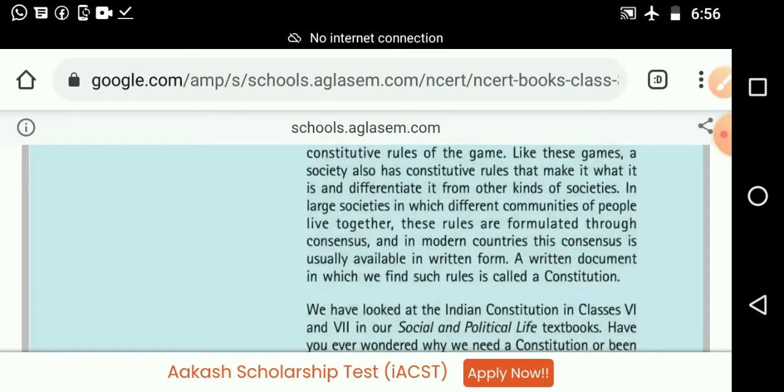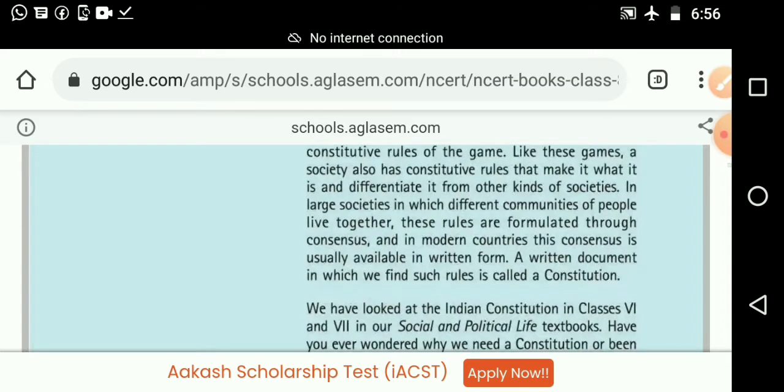From that itself we can understand that these rules relate to kabaddi, these to football, and these to cricket. In cricket also many types of games are there. One day matches, then 20-20s, then series of matches. Like that many things are there, and each game has its own rules and regulations.